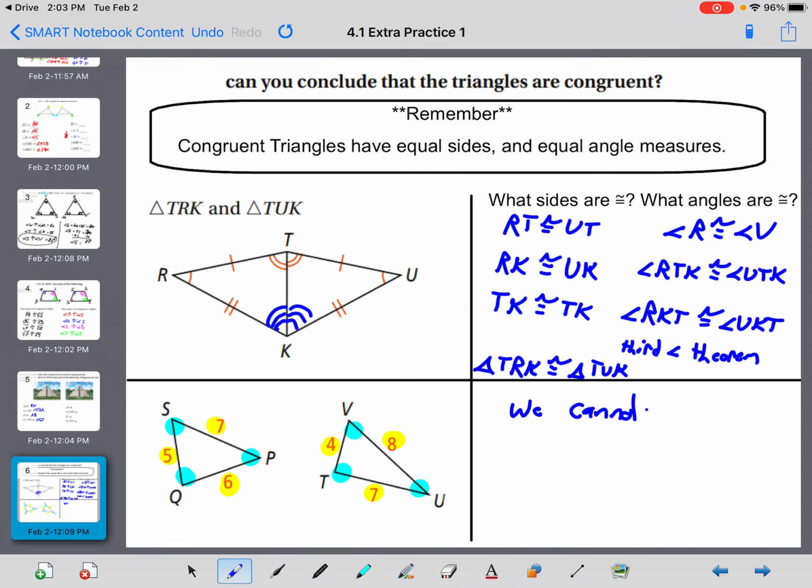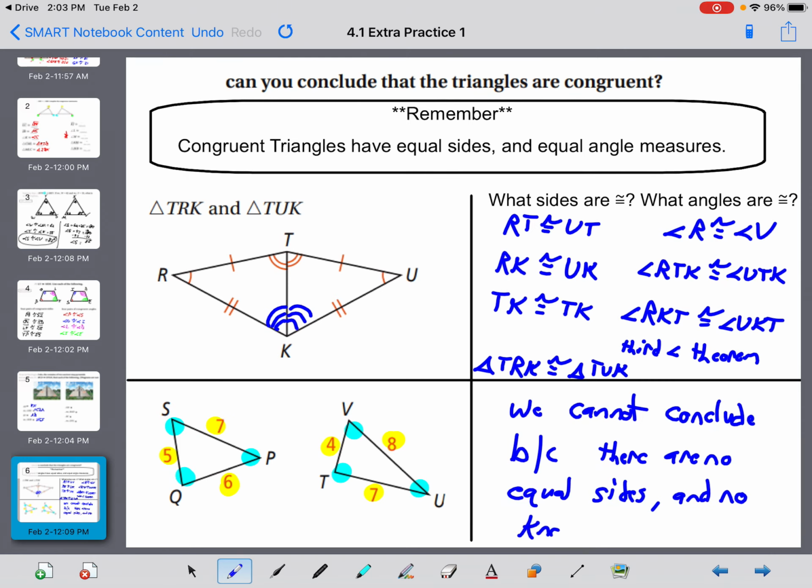We cannot conclude because there are no equal sides and no known angles.